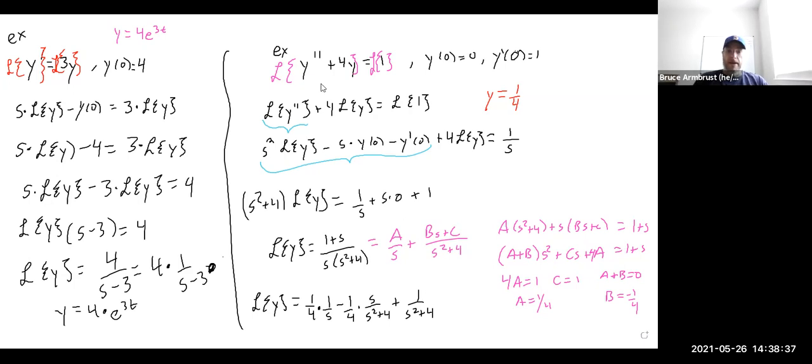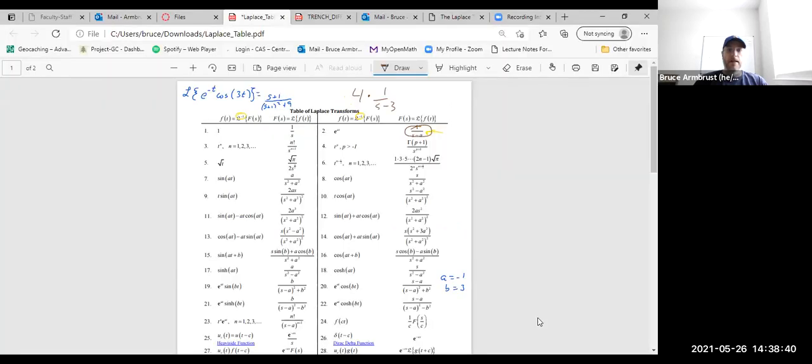So we'll hop back to the Laplace table. I needed 1 over s squared plus 4. Well, that looks a lot like this one, where a would be equal to 2.